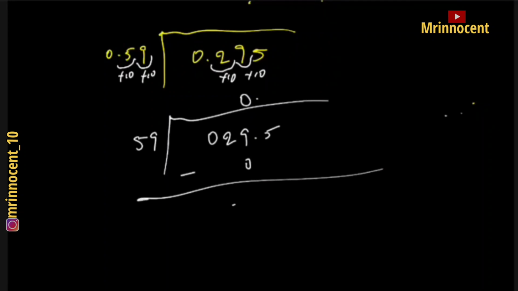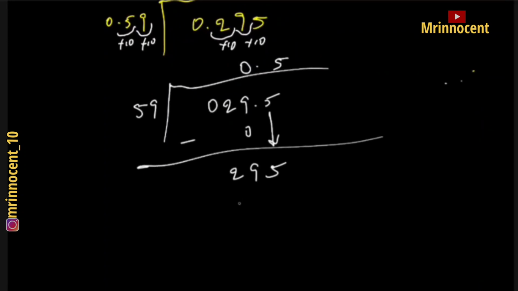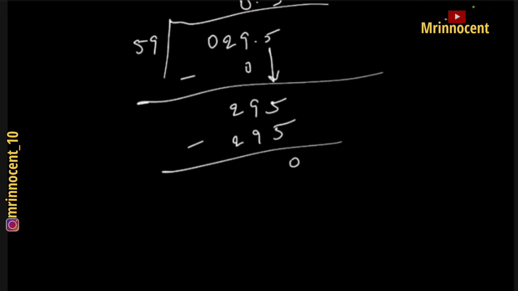You have 29. 59 divided by 29 cannot, bring down your 5. 59 divided by 295 is 5. 5 times 59 is 295. So when you subtract it, you have 0. So your answer is 0.5.